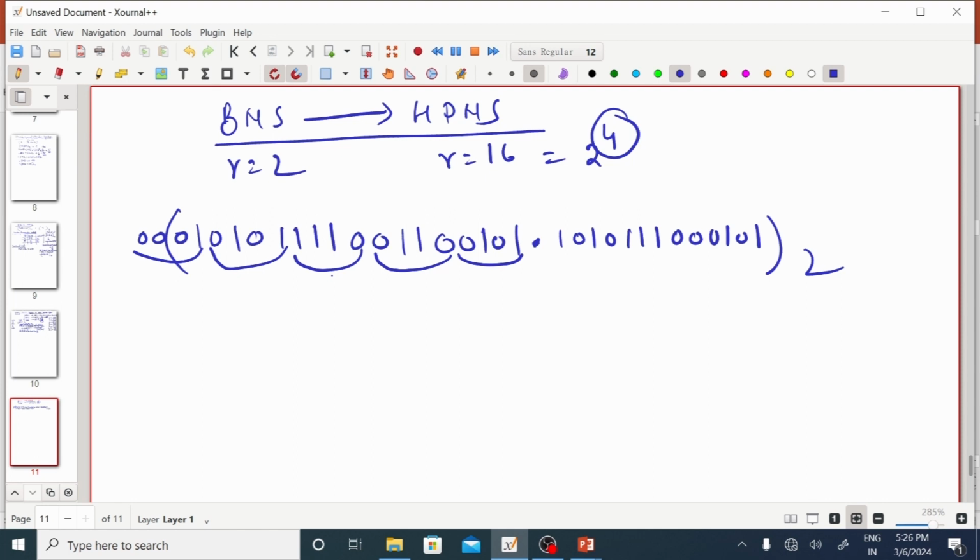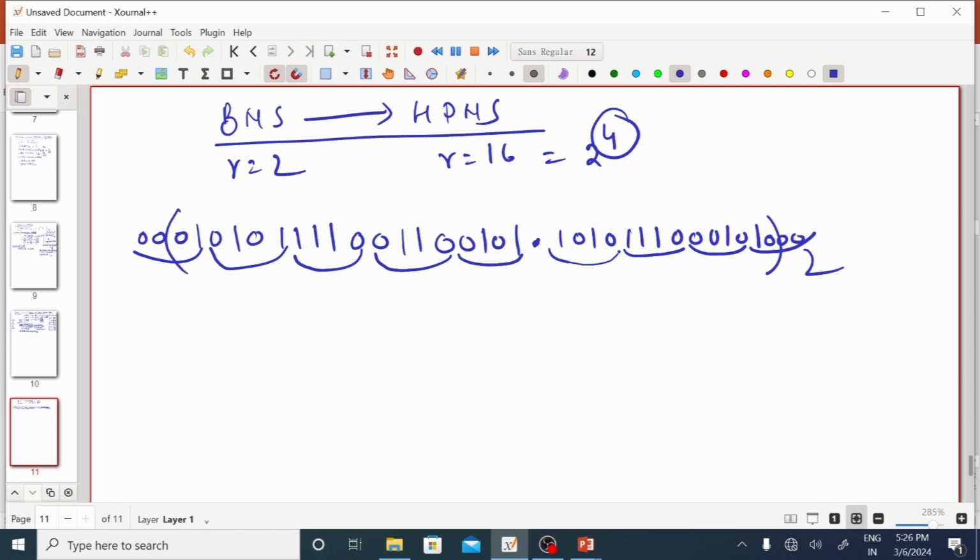And for making groups in the fractional portion of the given binary number, simply we start the grouping from left to right. This is the first group, this is another group of 4 binary bits, this is another, and this is another. For making this a complete group of 4 binary bits, simply add 3 zeros here, and then we convert each group of 4 binary bits into a hexadecimal digit.